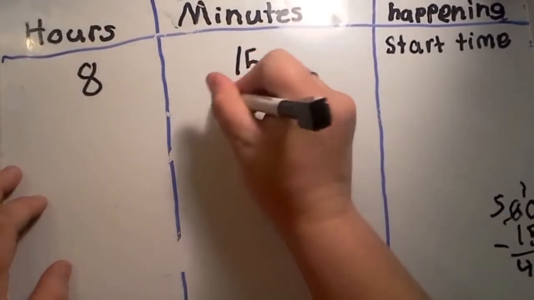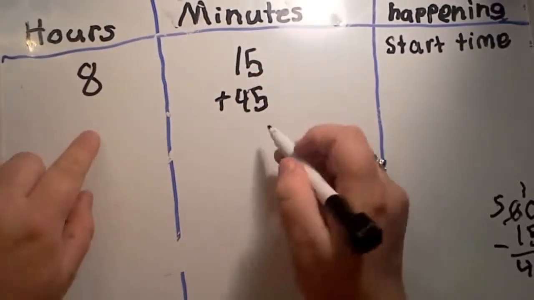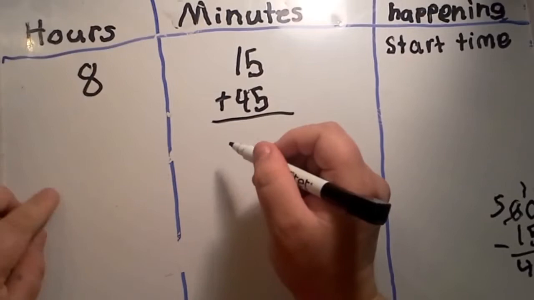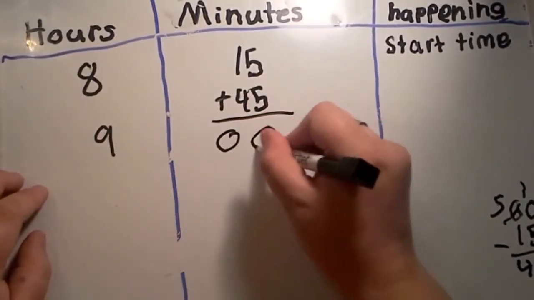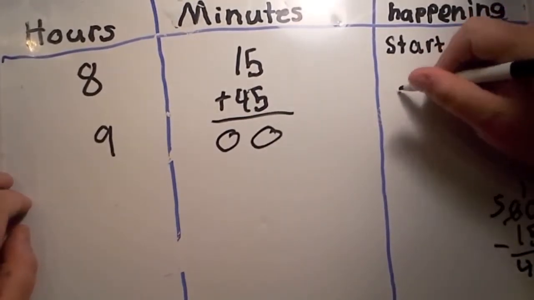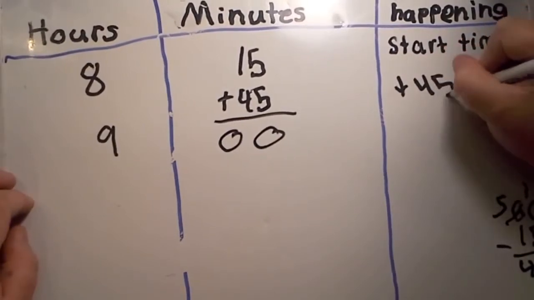So if I add 45, I get to that next hour. The next hour would be 9 o'clock. So over here, I'm going to put plus 45.